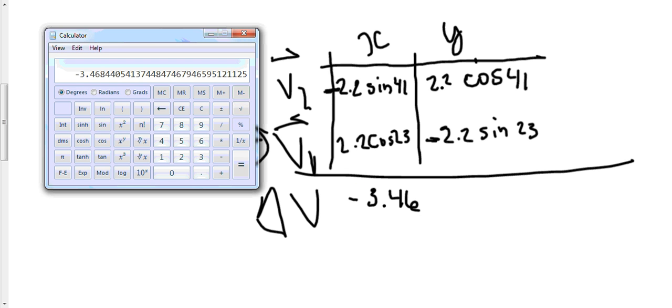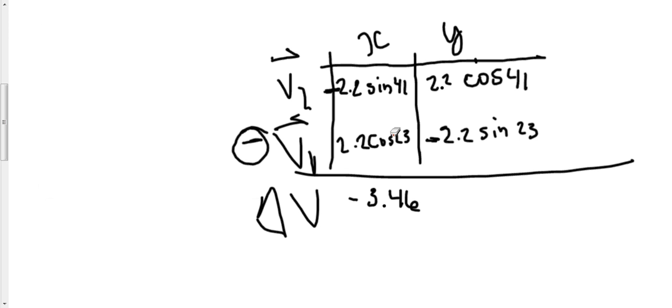So really I should round that to 3.47. So in terms of my resultant, the x component is minus 3.47, which means it's pointing to the west.